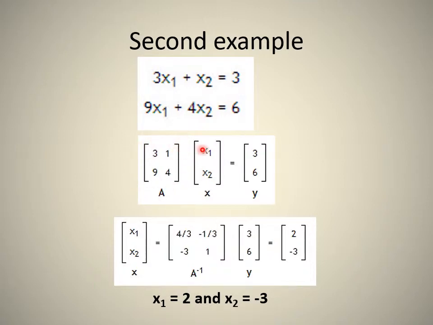We have 2 unknowns, x1, x2, so we have a column vector of x1 and x2, and let's call that column vector small x. And then on the right hand side of our equations, 3 and 6 form a column vector, and let's call that column vector small y.